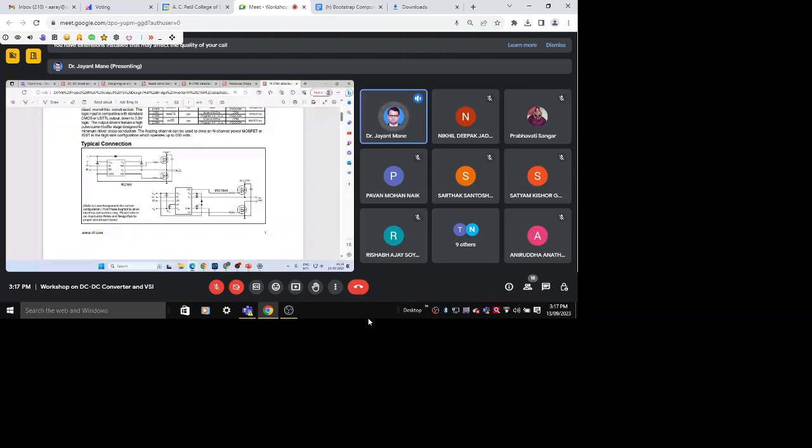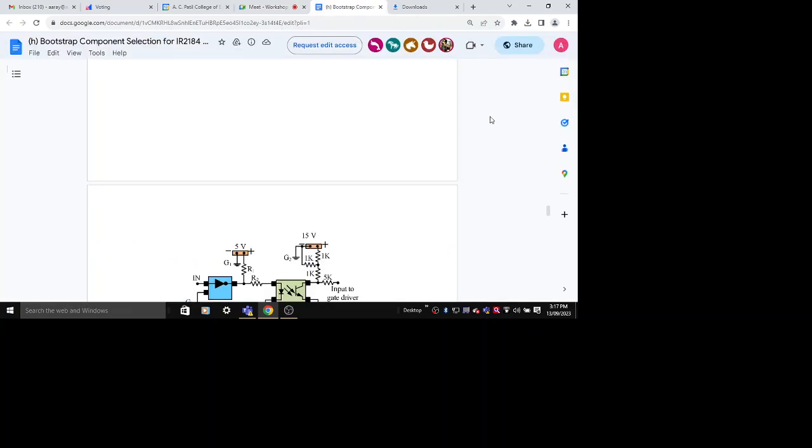Twice I have already shared. See this now. The capacitor we also have to see. Now I was driving this IRG4BC20UD, so I have to check the gate charge.